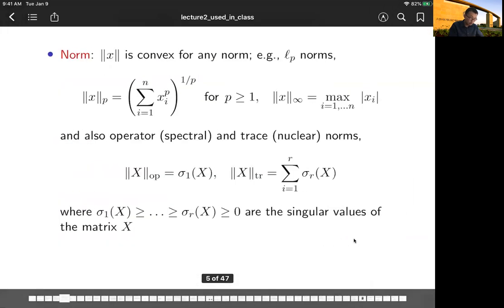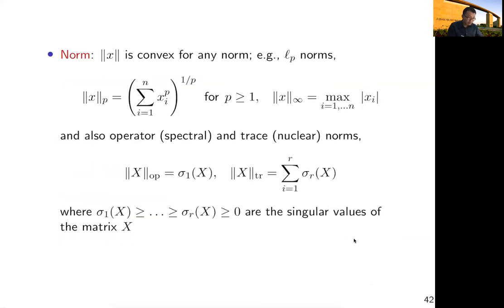All right, so that brings us to norms. Norms are always convex. For those who are familiar with the Lp norm, it is defined as follows: you take the p-th power of each coordinate, sum everything up, and then take the p-th root.